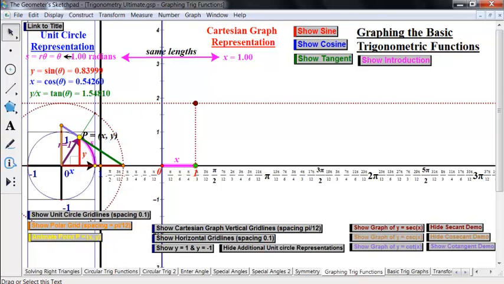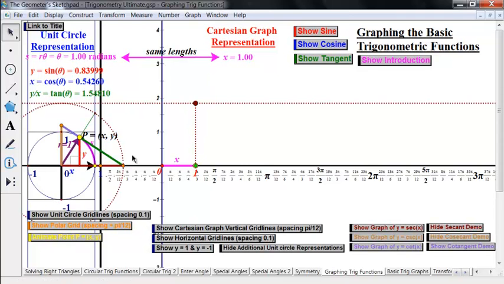On the left, the angle theta, which is an arc length in radians, is the same as the x in the Cartesian coordinate system over here. Now what about the y's? On the secant graph, this brown distance has to be the same as the brown distance here. It's a horizontal distance on the left, but on the right it's a vertical distance. Again, we just have to keep track of the sign.